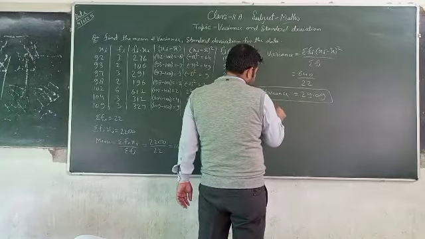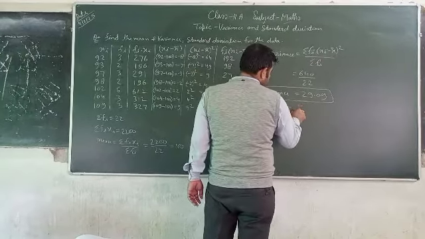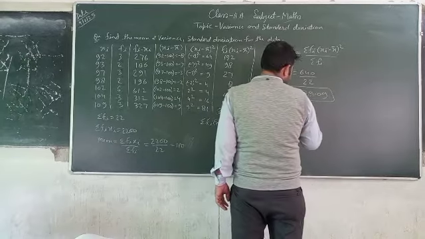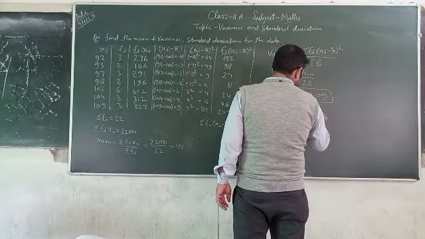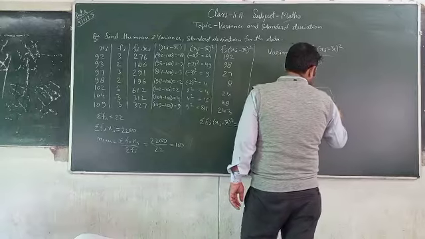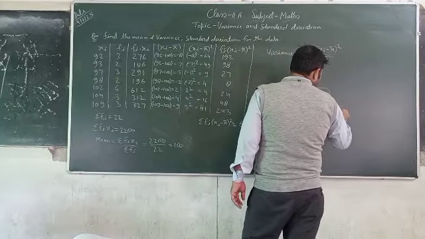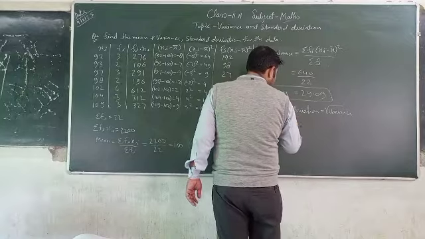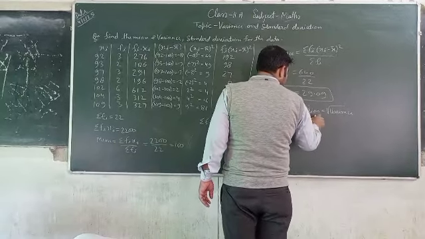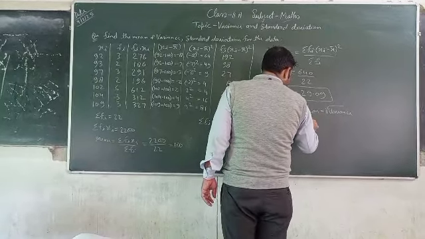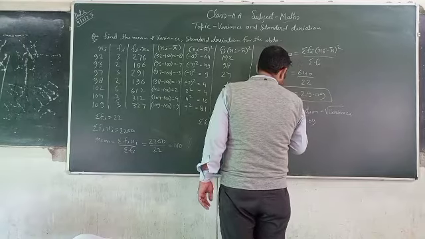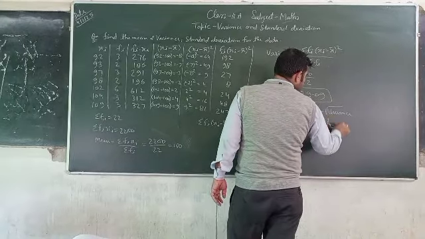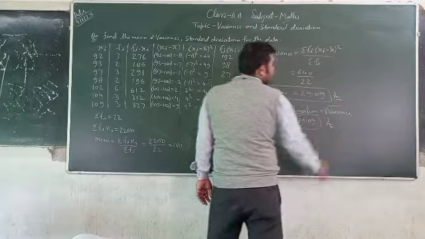Standard deviation, that is under root variance, and this is SD is equal to under root 29.09, and this is your answer for standard deviation, and this is your variance.